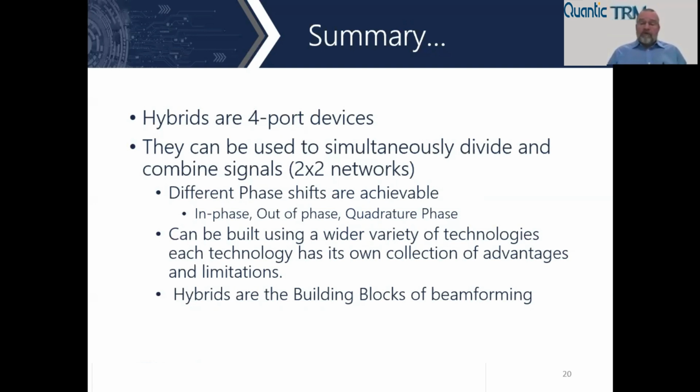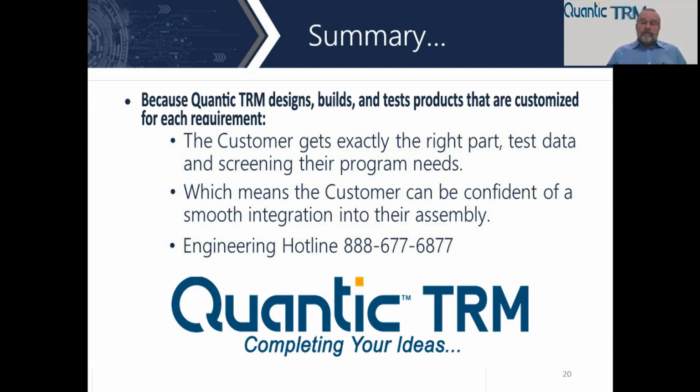They can be built using a variety of technologies, whether it's lumped element, printed circuits, microstrip, or coax. And very often, I think to remember this, hybrids are the building blocks of beamforming, where you have inputs with controlled outputs at various phases, and also hybrids are fantastic blocks to be used for power combiners.